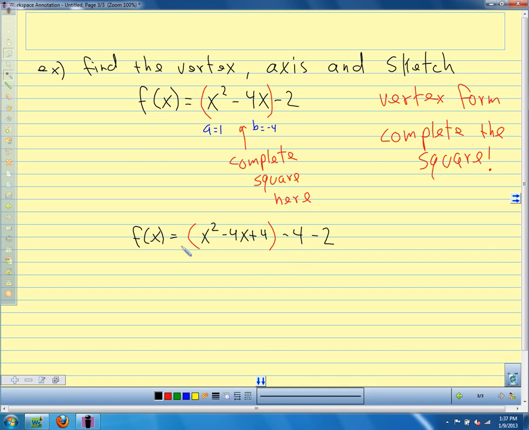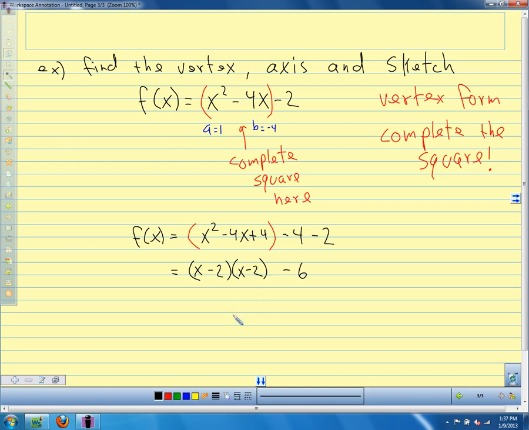But now I can write this part in the parentheses as a perfect square. This equals, and I'll break it down, minus 4 minus 2 is minus 6. So how can I factor this part in the red parentheses? x minus 2 times x minus 2.